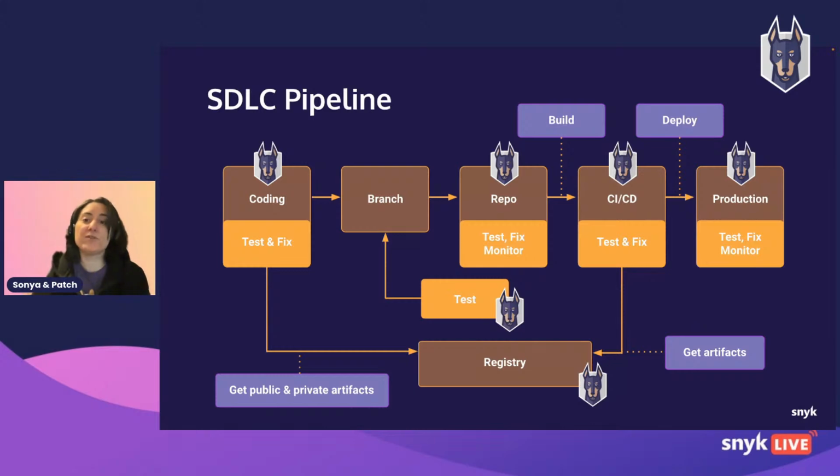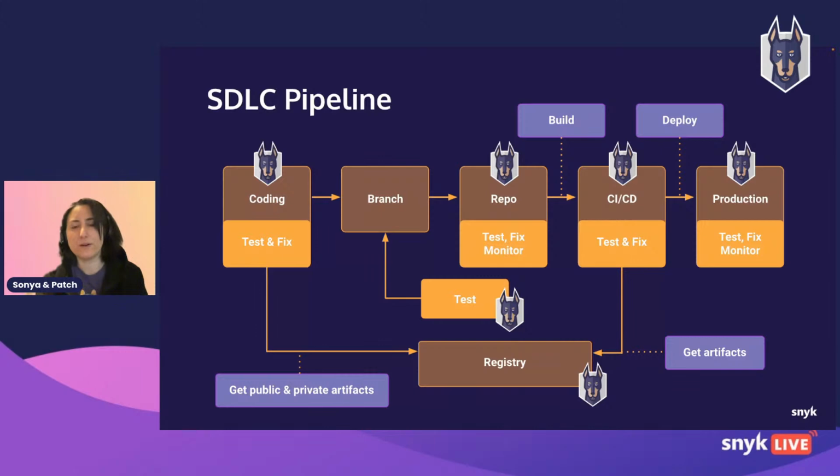So it is important to have security guardrails at each stage of your pipeline to spot vulnerabilities as your attack surface is getting bigger. As I demonstrated today, at the coding stage you can test and fix through the CLI, through your IDE integration, and patches to help you fix those vulnerabilities.